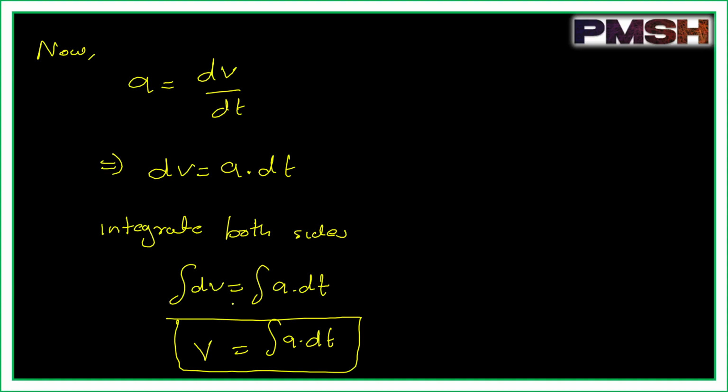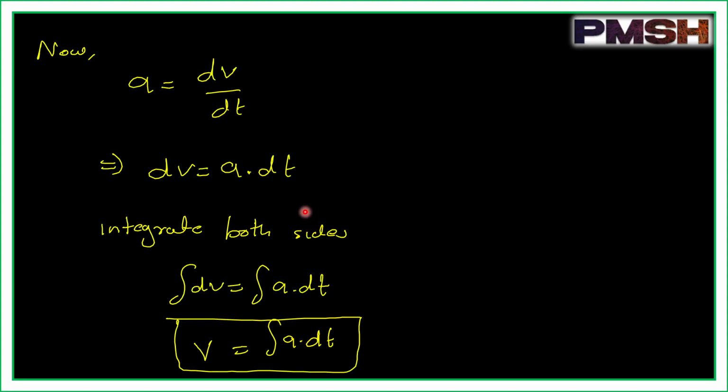It means that velocity is the area under the acceleration time graph. Integrating means you are finding the area. So A means acceleration, and you are finding the area of the acceleration time graph. You will get velocity.